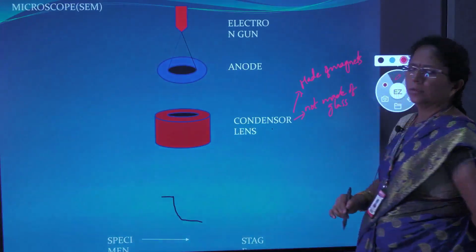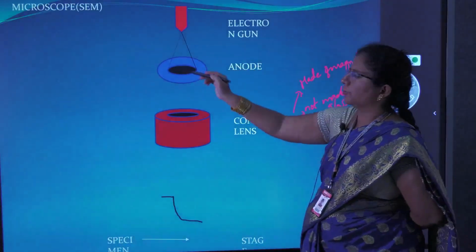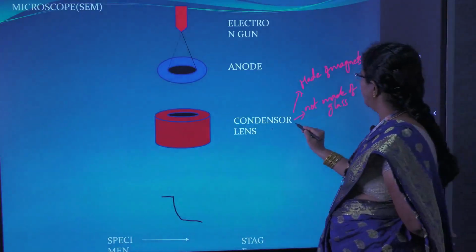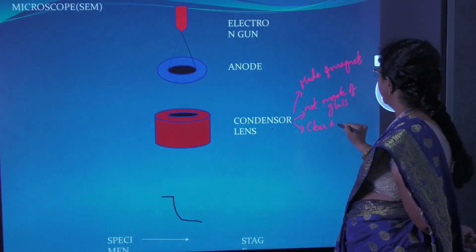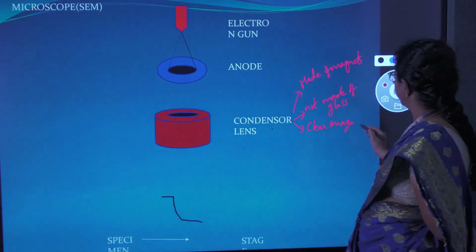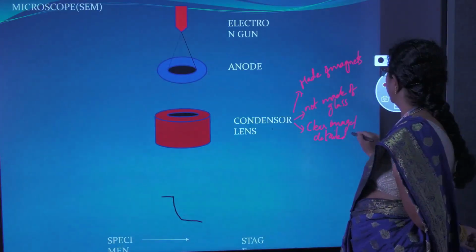Why? Because if they are made with magnets, they can change the path of the electrons coming from the electron gun. And these are responsible for producing a clear, detailed image of the specimen.